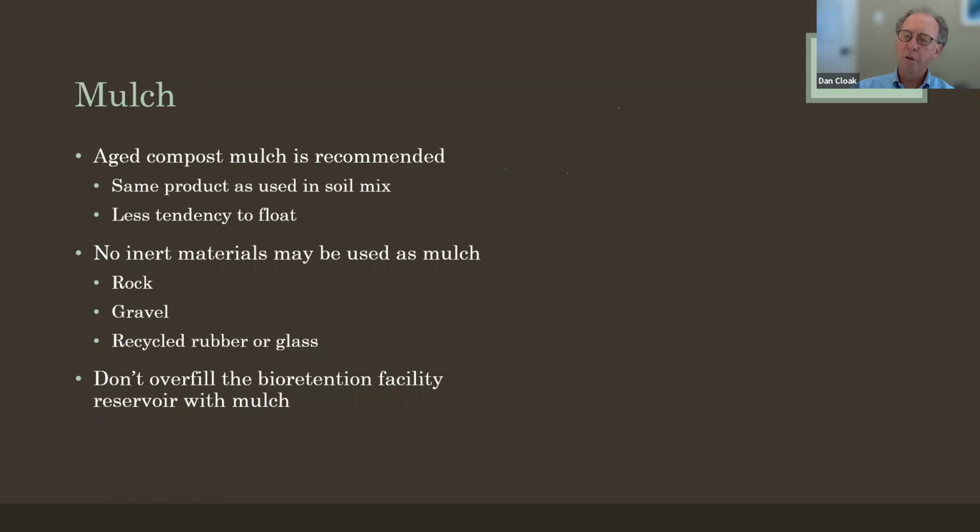Bark mulch is often used for aesthetic reasons, but it does tend to float and move around when the reservoir fills. And then this key point we touched on before about not filling the reservoir with mulch. Let that depression happen.